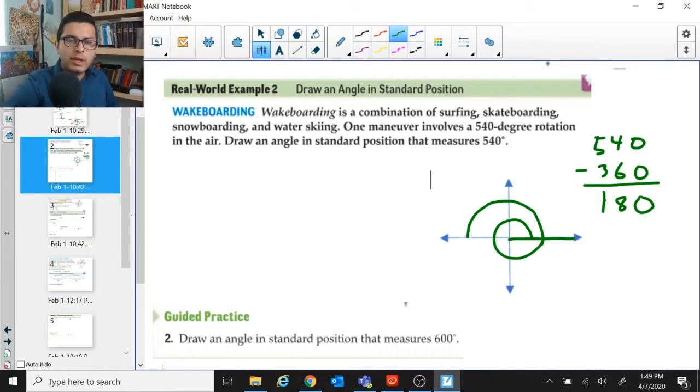So that means our angle is actually just going to be a straight line. But it's a little bit more special than a straight line because we went all the way around and then another 180. Again, that's why that arcing angle is so important, because you're telling people exactly what you are drawing.